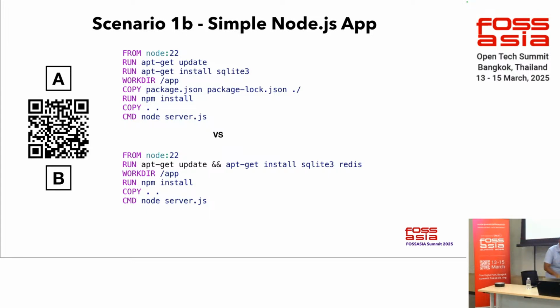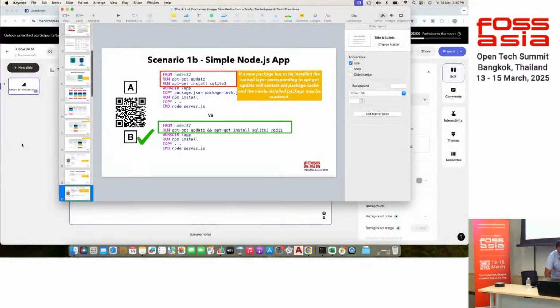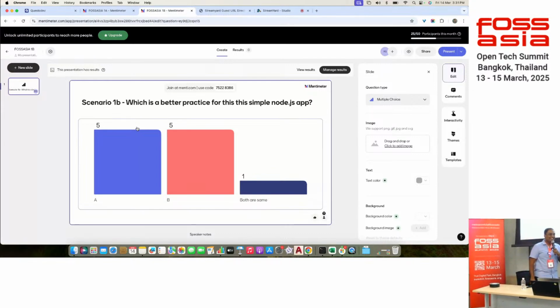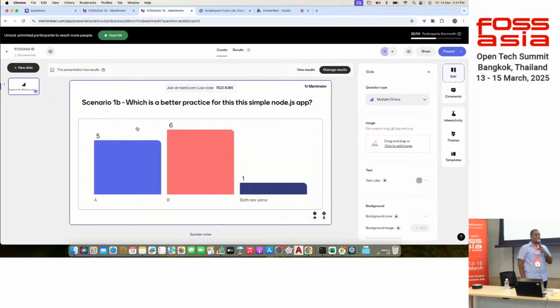So let's see the results before we give away the answer. So okay, some people feel, 4 of them are saying, oh okay, 5. Anyone wants to say why it's A or B? Okay. Anyone wants to say why it's B?